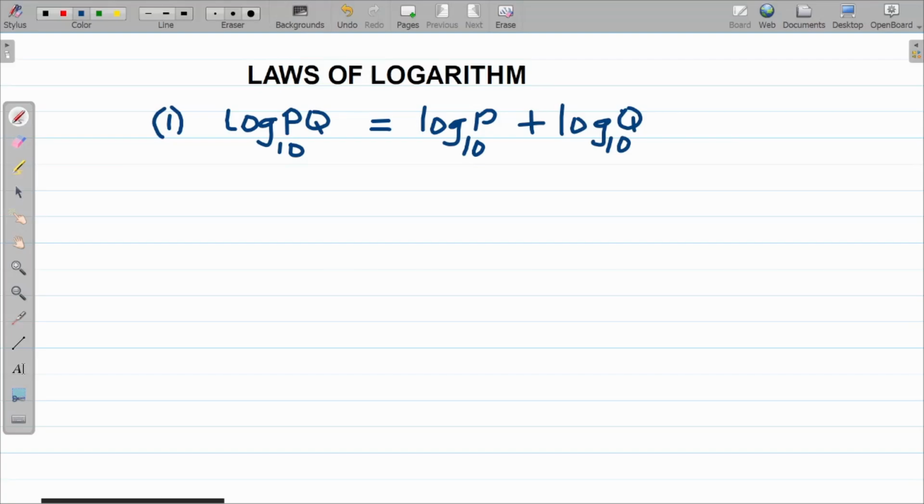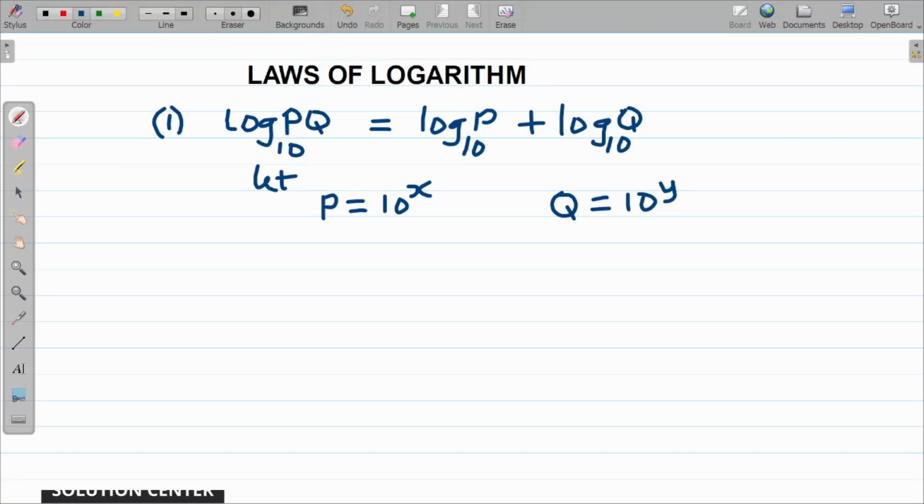To prove how a mathematician came about this law, you have to have some basic knowledge of laws of indices. So take for instance, let p equal 10 raised to the power of x, and let q equal 10 raised to the power of y. So this is what we have.